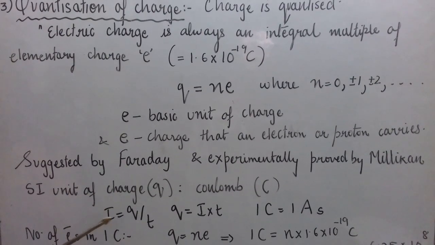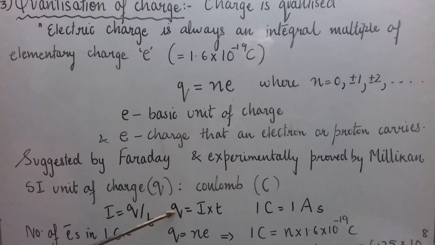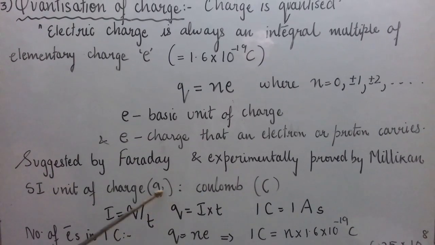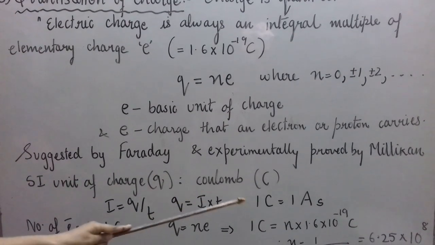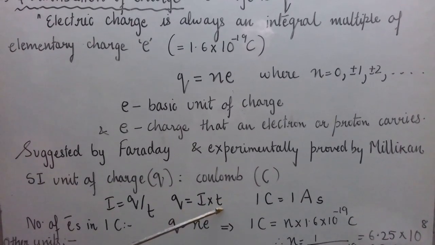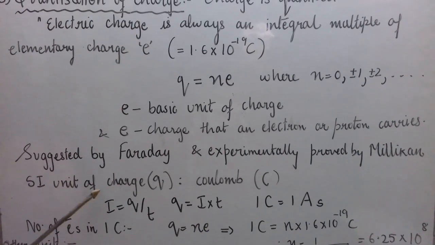So from this expression, Q is equal to I into t. Q is 1 coulomb when I is 1 ampere and t is 1 second. So from this we can define 1 coulomb as the charge that flows through the conductor when 1 ampere current flows through the conductor for 1 second. Hope you remembered this definition of coulomb.